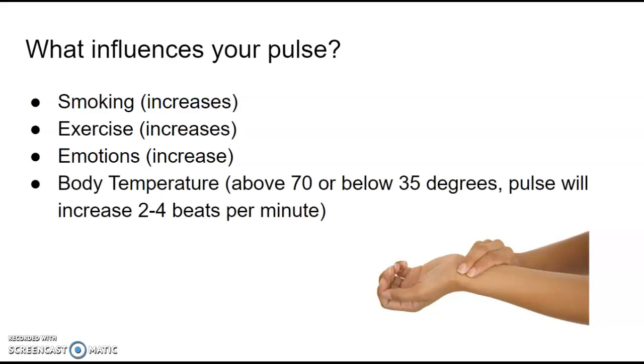Body temperature. Normally we want our body temperature to be at homeostasis. Our body temperature is 98 degrees, but it's easiest for our body to be around 70 degrees in the environment. If it is significantly higher outside than 70 degrees, or if it's really, really cold, our pulse is going to change.